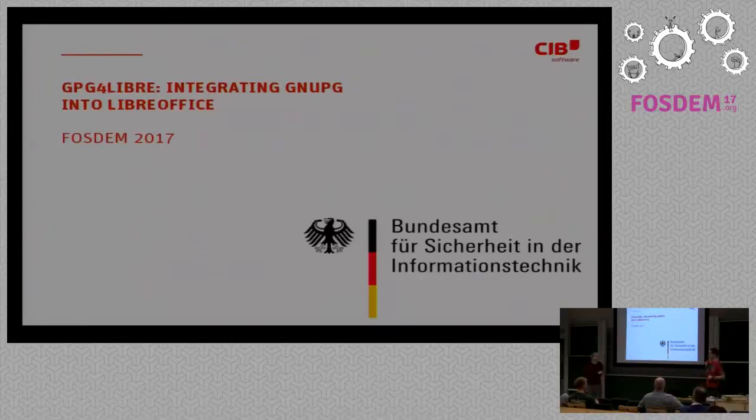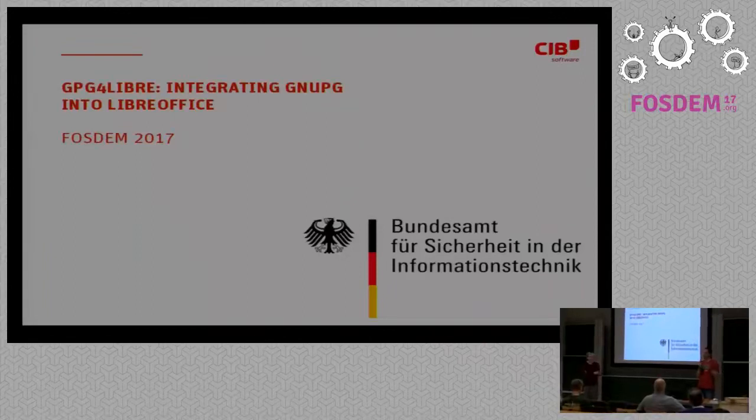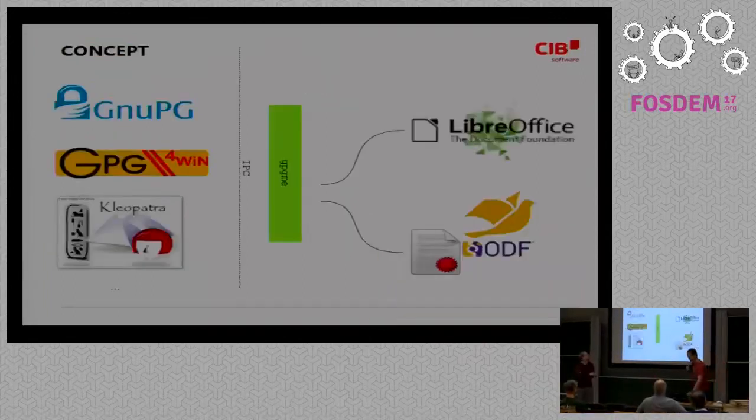The project is funded by the German Federal Agency for Information Security. They do all kinds of things like audits, security recommendations, but they also look into how to strategically change the software landscape to make everybody more secure, and this is one of that.